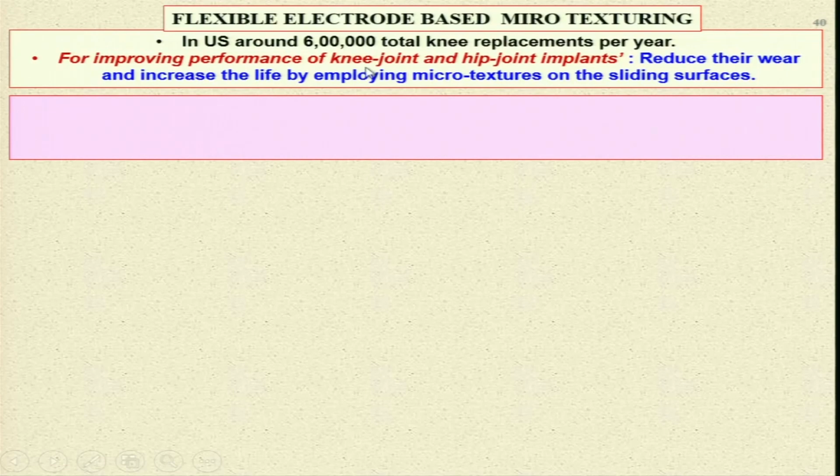For improving performance of knee joint and hip joint implants, reduce their wear and increase the life by employing microtextures on the sliding surfaces, because both of them have friction, both of them have the moving action, and as a result, if you can have the textured surface and reduce the coefficient of friction, then definitely the life of the implants will increase and the pain to the patients will decrease.